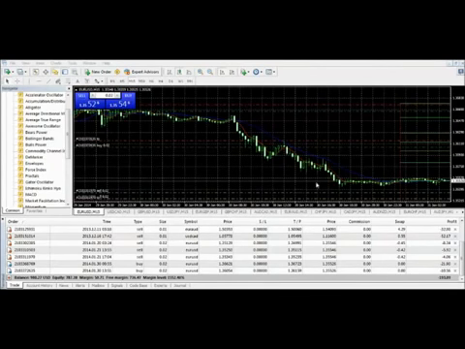Now the way that you actually execute the trade is to take a look at where you are on the chart. Right now we're on the Euro USD, and in here you can see that it's fairly flat.